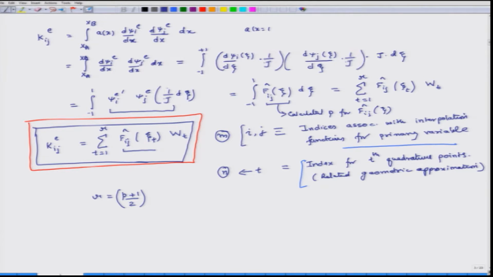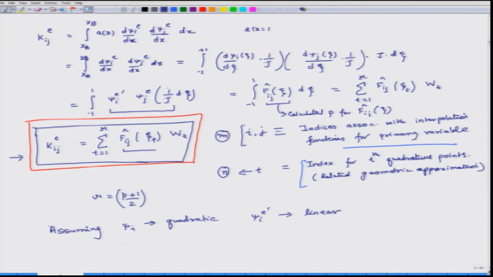Now, we will actually calculate Kij for a quadratic function. So we are assuming psi I to be quadratic. This means psi I e prime is linear.